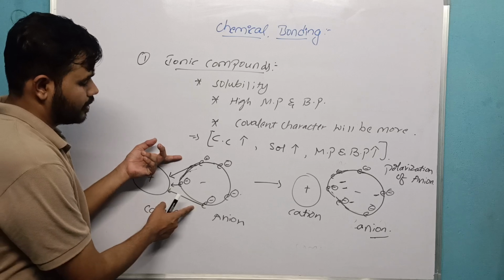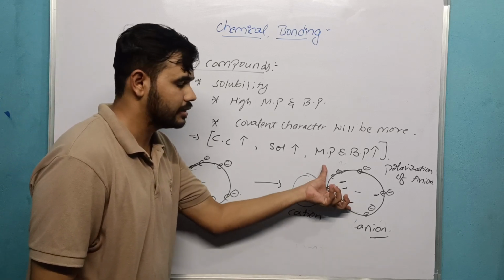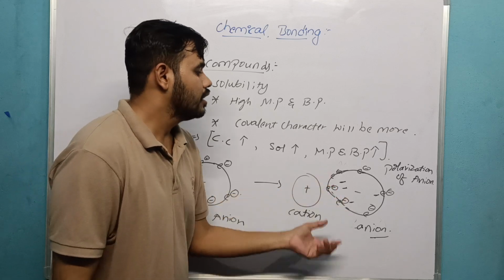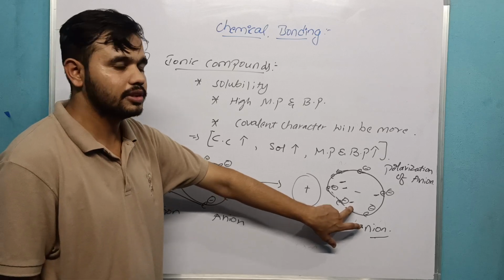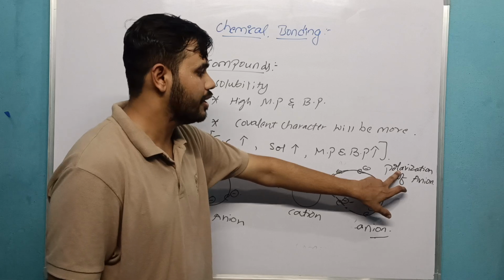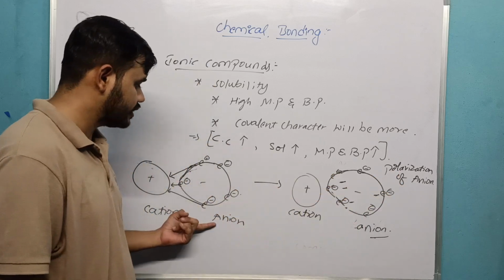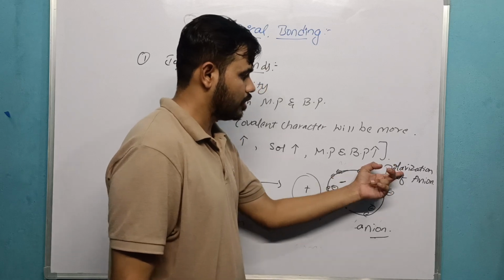So the shape of the anion will be deformed like this, and during this process charges, that is poles, will be produced. This process is called polarization, and we are doing this for the anion, right? So polarization of anion.